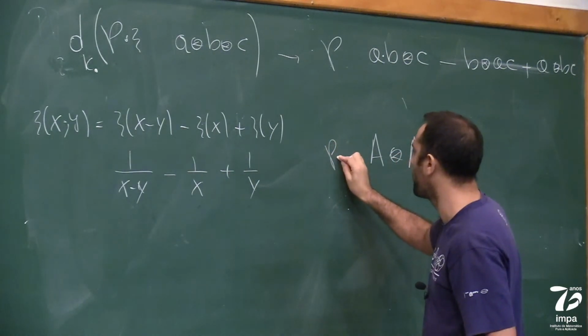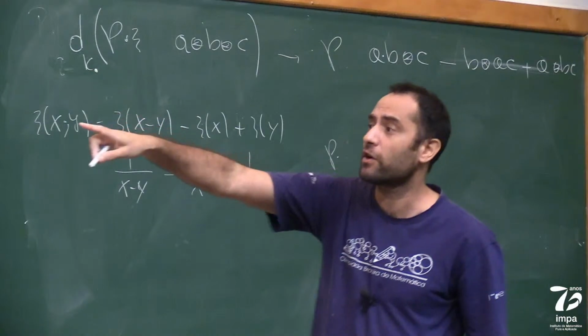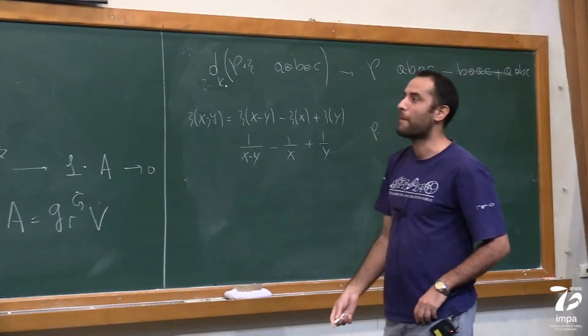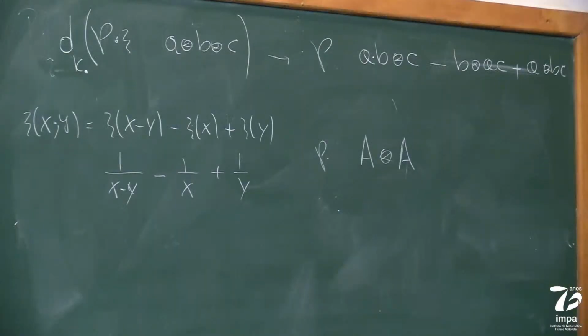Again, this is just the component that has the function p. There's another component when I take the function 1, or gr minus 1 in the Hodge filtration for functions.